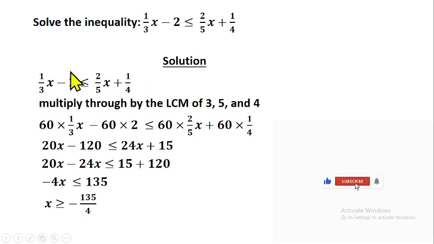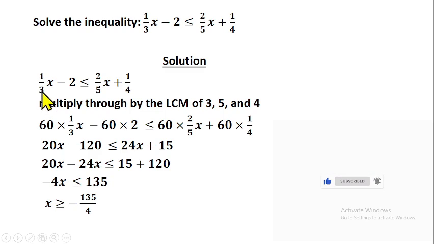What can we do first? My candid advice for any student solving an inequality that involves fractions is to look at the denominators of all the fractions in the inequality. The denominator of this one is 3, the denominator of this one is 5, the denominator of this one is 4. This one has a denominator of 1, so we don't bother about it.